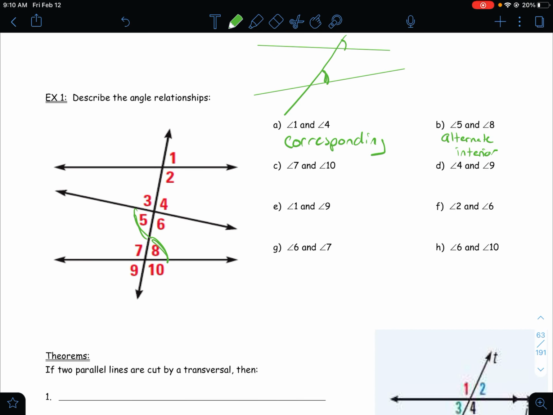Then we've got angle 7 and angle 10. Hopefully you guys remember from last section, these are going to be vertical angles. And then we've got 4 and 9.